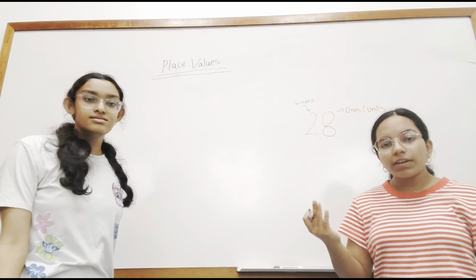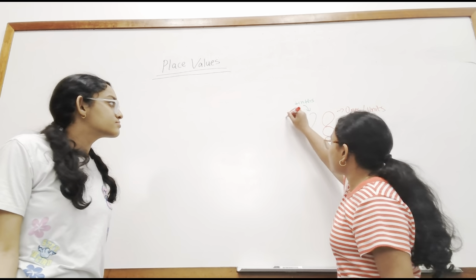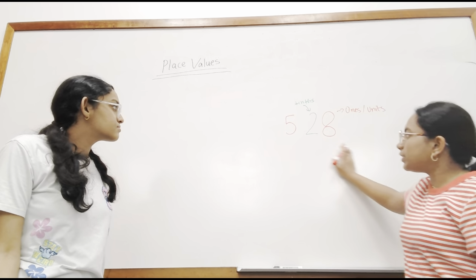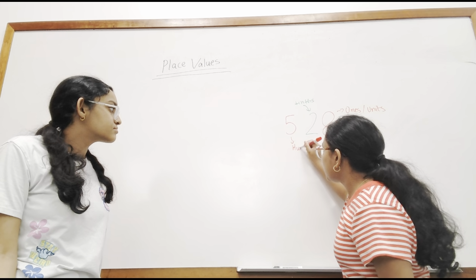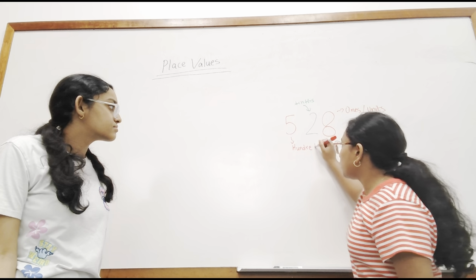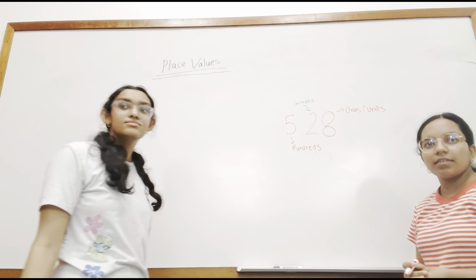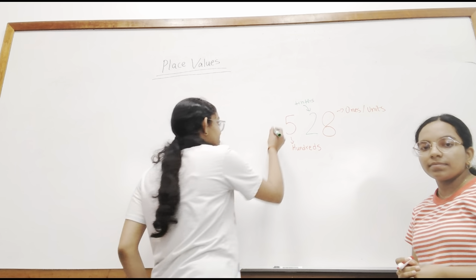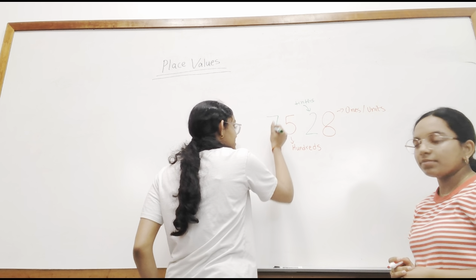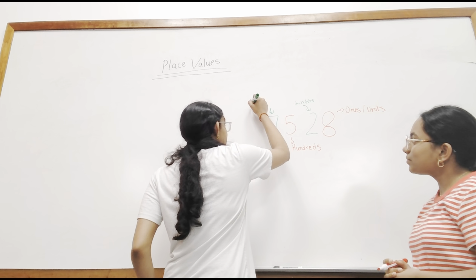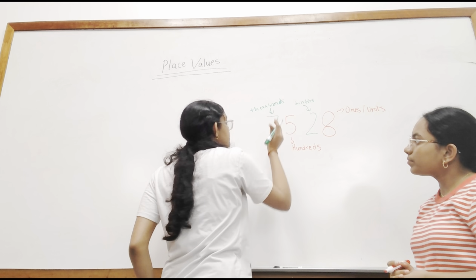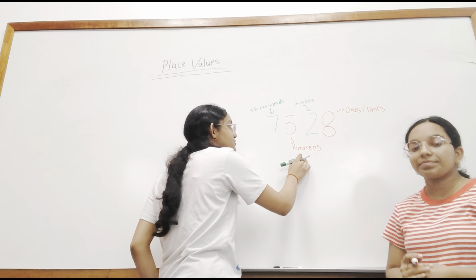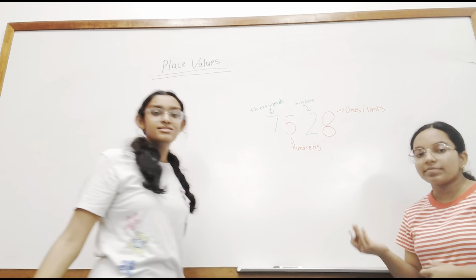We can add another number now. Let's say 5. It would be 528, and the 5 is in the hundreds place. And then if we add a 7 to it, it's going to be in the thousands place. That's why we say 7,528. Okay?